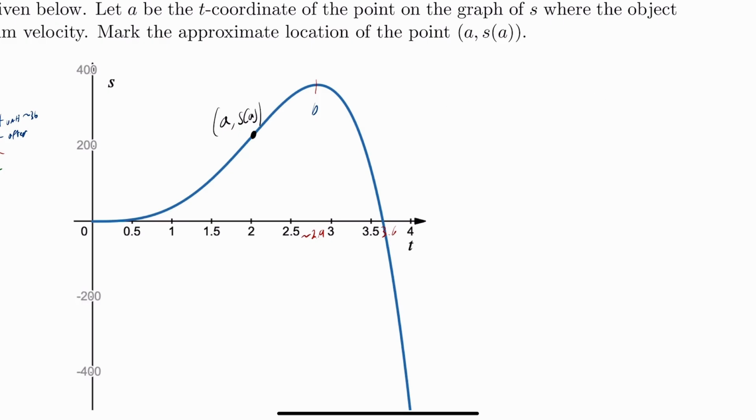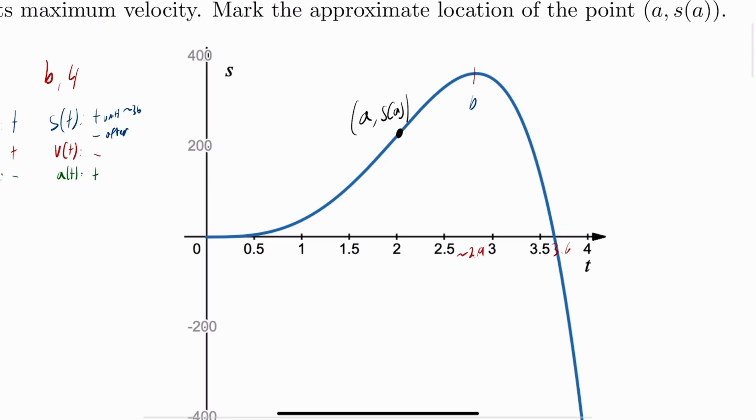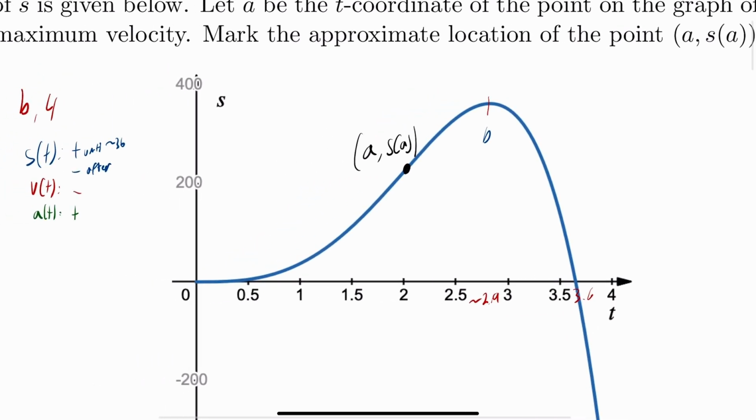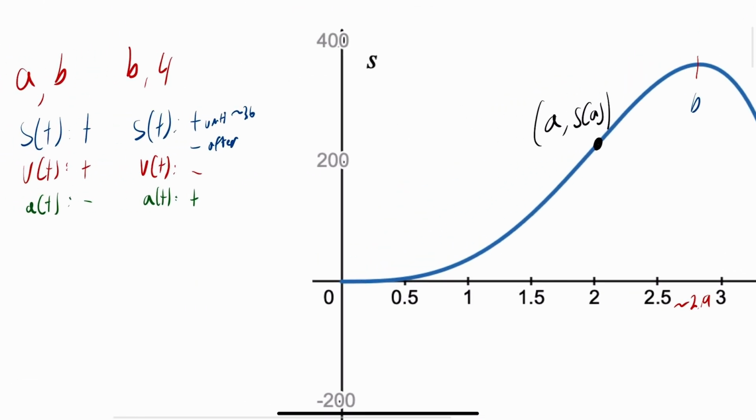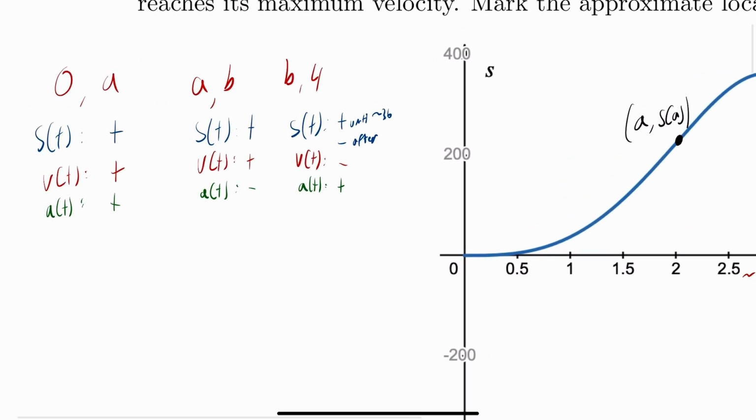Okay, let's take a look at how this object, I like to think of it as a ball, this little red ball, is moving from the origin point as time goes on. To begin, it's moving in the positive direction. So we already know, since it's above this axis, s of t position is positive.